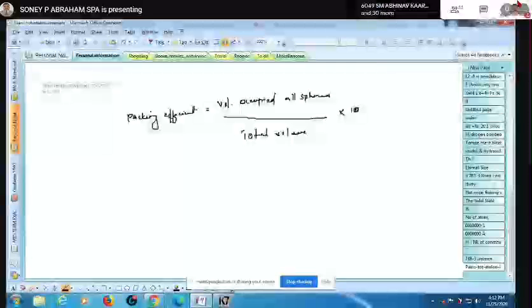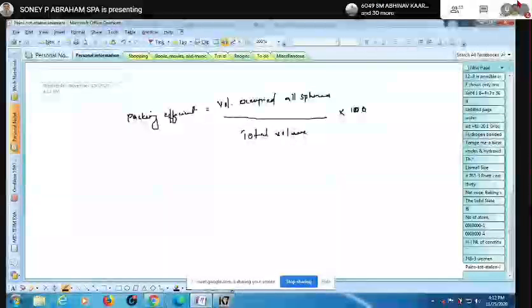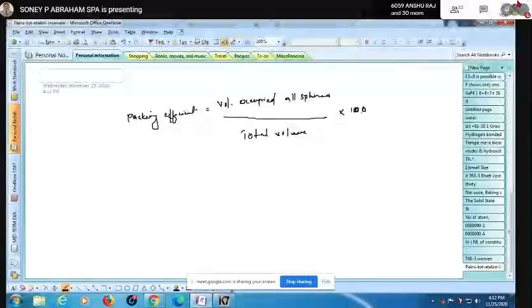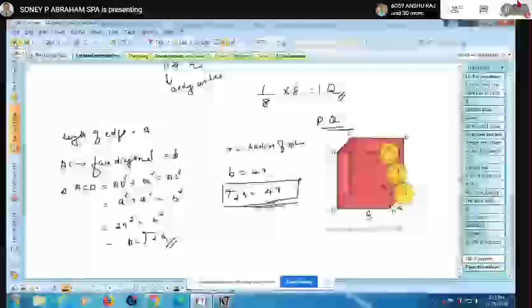Out of the total volume, how much is occupied?